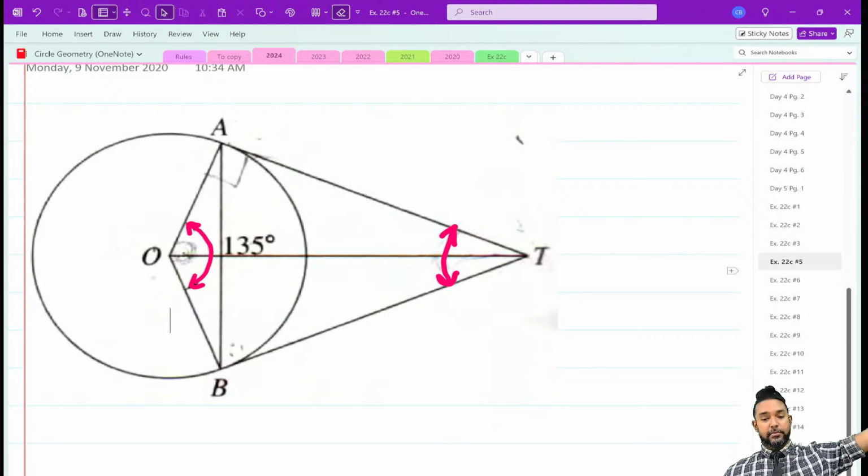No, we have O. That's 135. We're looking for the angle at T. Yeah, A is a right angle. That's correct.